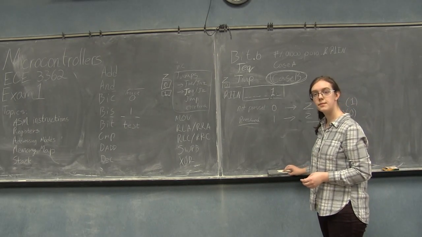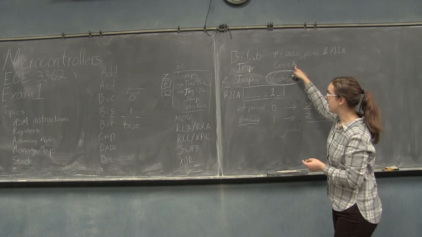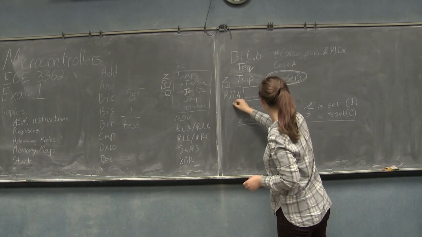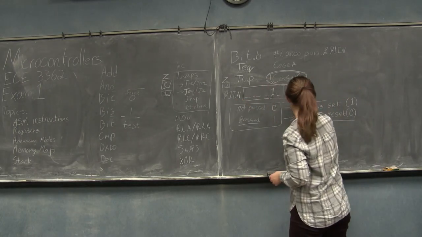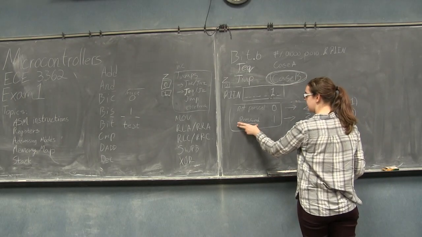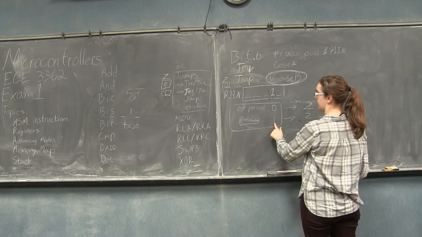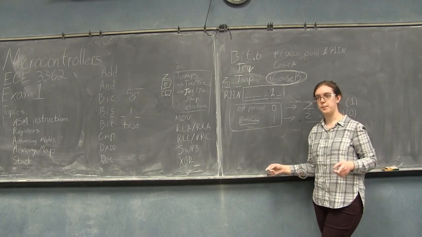Why is it not case A again? Why is it not case A? Okay, so say we want this logic right here. Actually, it's just this. So we want, when our button is pressed, we write out a 1. So this means that our button is logic high, or active high.